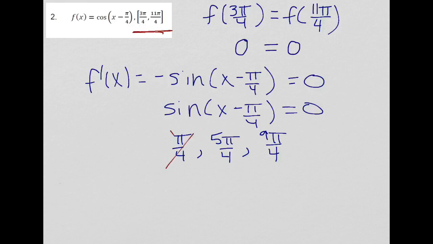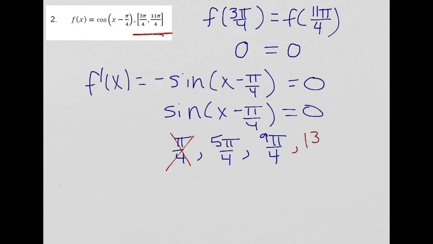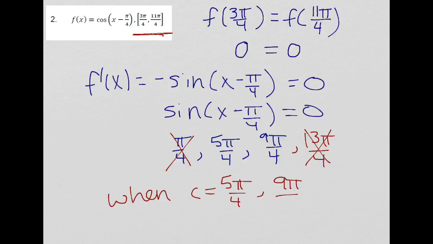So this point is before the interval. These two are within it. And if I were to go another, it would be 13 pi over 4, which is too far. So the answer is that this satisfies Rolle's theorem when c equals 5 pi over 4 and 9 pi over 4.